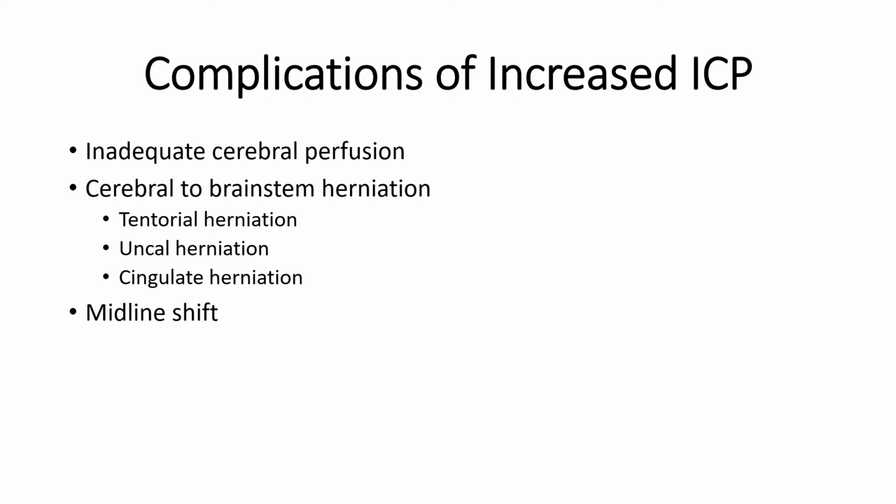Not good. Our brain has nowhere else to go, so it's going to fall down into the foramen magnum. And also we talked about that midline shift, where if there's so much swelling on one side of the hemisphere, that one hemisphere of the brain is going to move over to the other. That is not a good sign as well. And this video here that we'll watch will show you herniation.